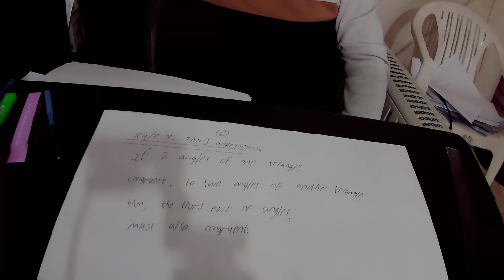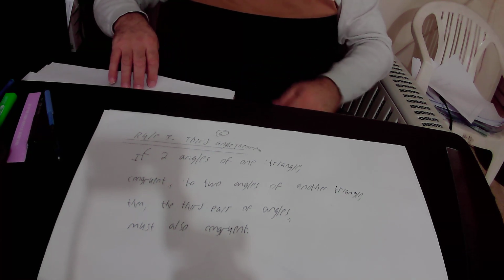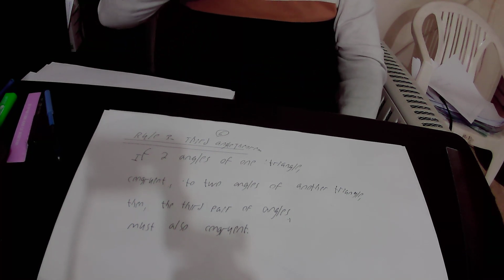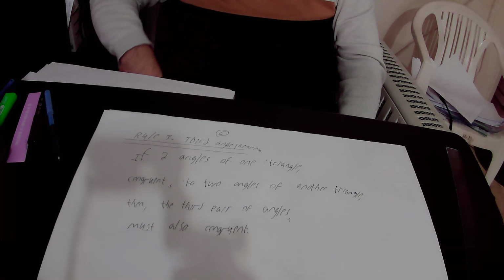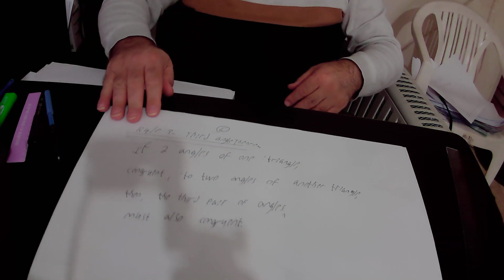I repeat again, rule number 3, the third angle theorem. According to the third angle theorem, if two angles of one triangle are congruent to two angles of another triangle, then the third pair of angles must also be congruent.